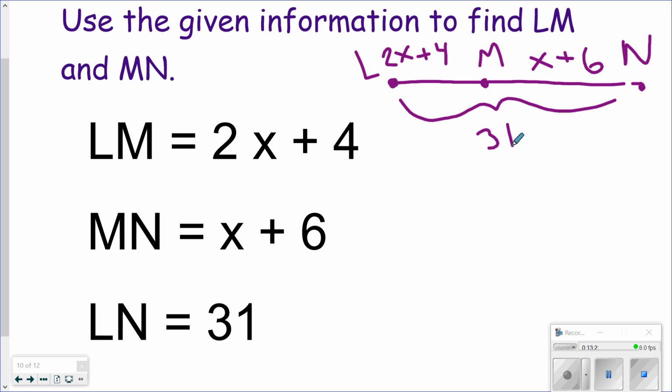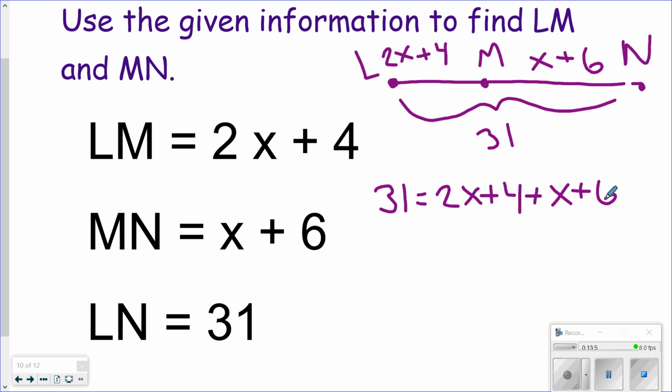That is LN. And what is LN equal to? 31. What are my parts? Well, one part is LM, which is equal to 2x plus 4. The other part is MN, which is equal to x plus 6.